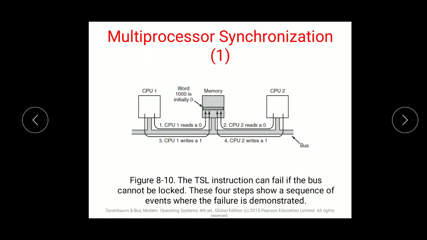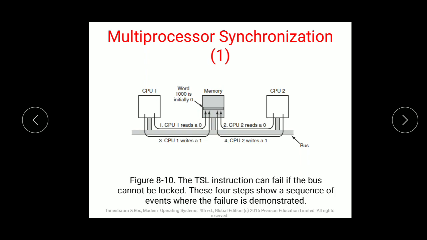In step 1, CPU 1 reads out the word and gets a 0. So CPU 1 first reads the memory and gets an output of 0 because the lock is 0.